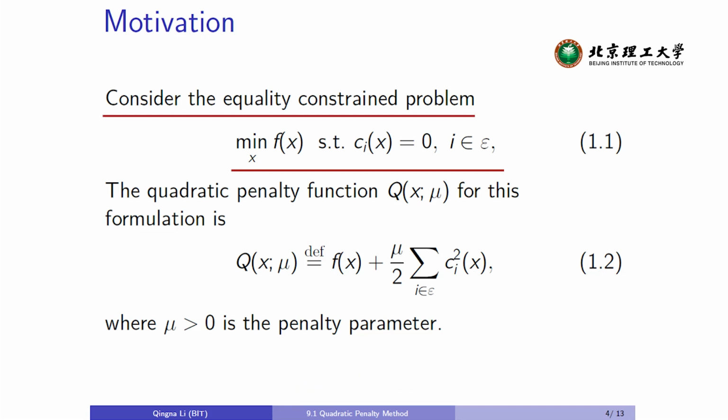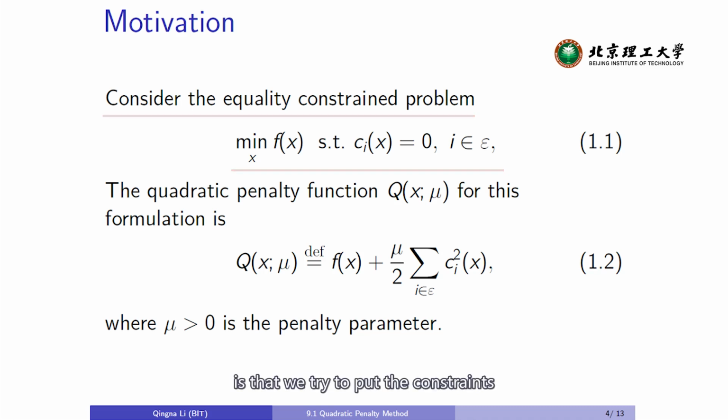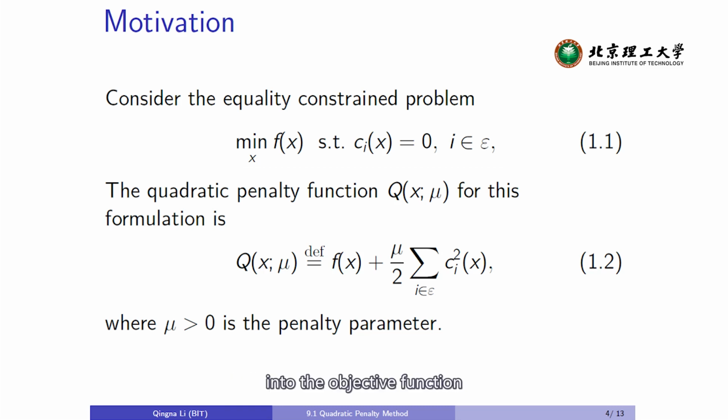In this case, the idea of the penalty method is that we try to put the constraints into the objective function and transfer it into an unconstrained problem. If we put the constraints into the objective function, then we cannot guarantee that x will satisfy the constraints. Therefore, we need a measure to penalize the violation of constraints.